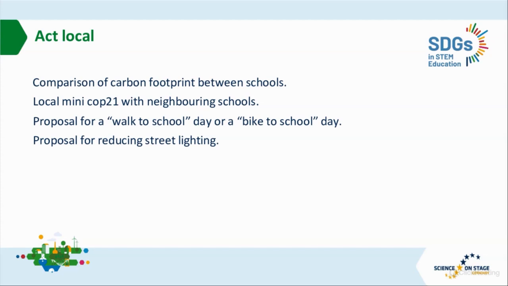They also have different meetings with students from different schools that are very close to them, and they try to come up with common ideas and to test different ideas to reduce the carbon footprint between schools.